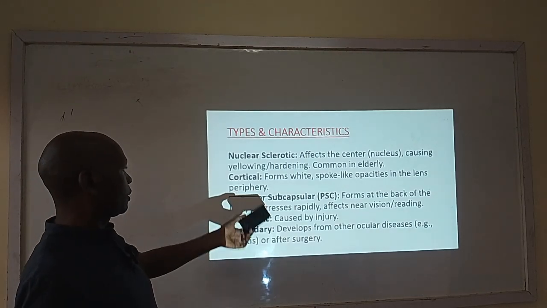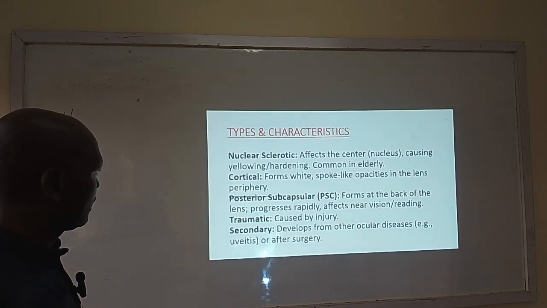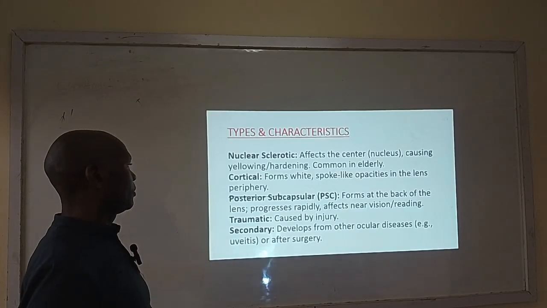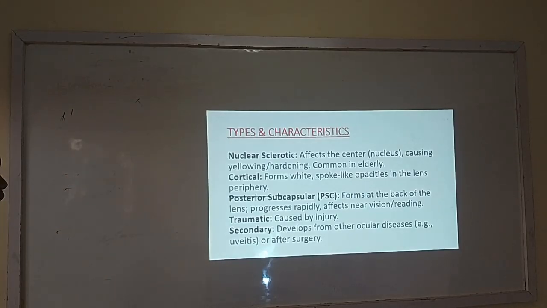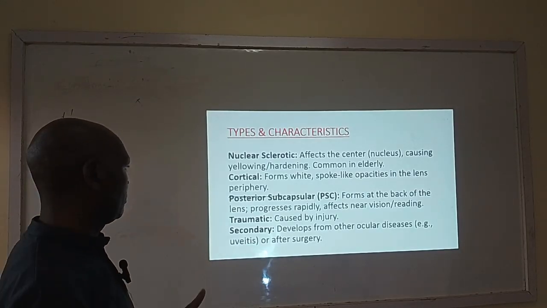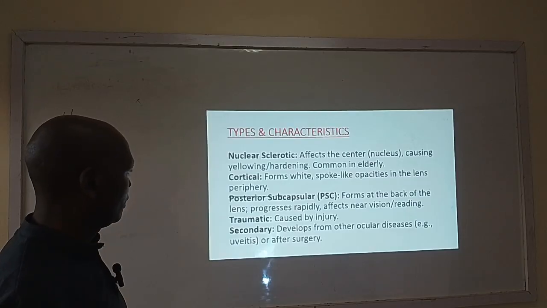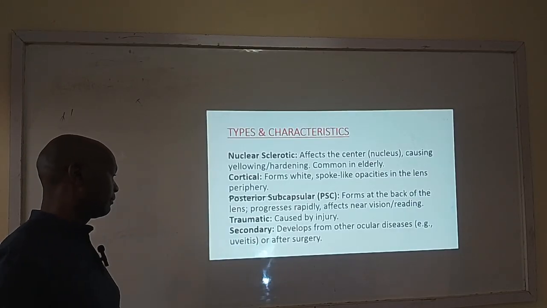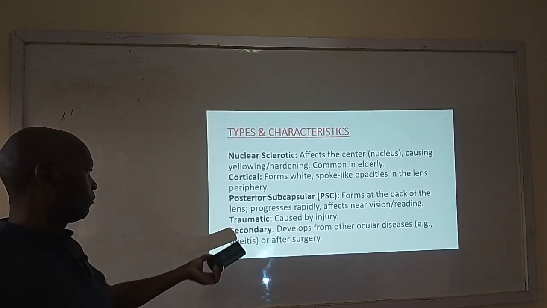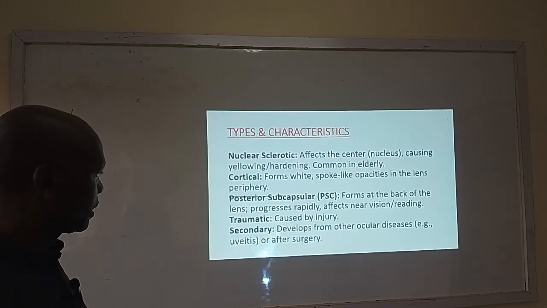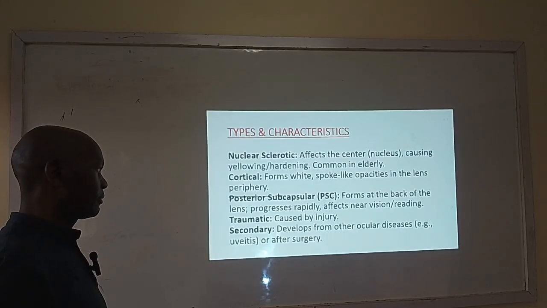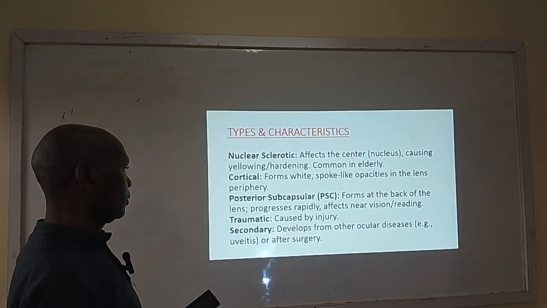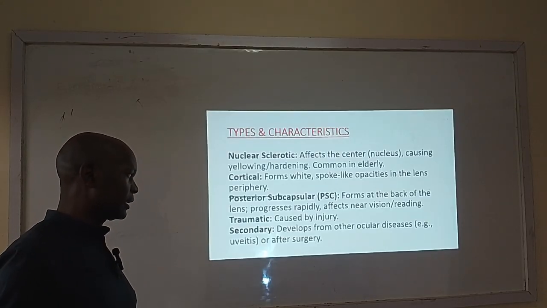We have the cortical, where the cortex is affected. Then we have posterior subcapsular, where there is opacification just beneath the posterior capsule. Then we have traumatic, which is due to an injury. We can also have secondary cataracts due to ocular diseases such as uveitis, among others.